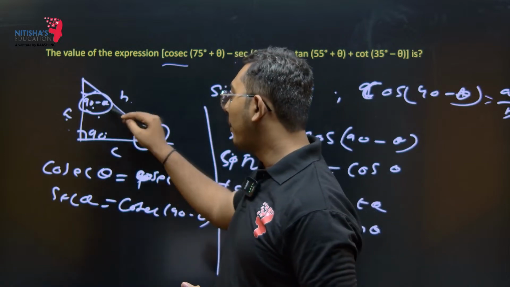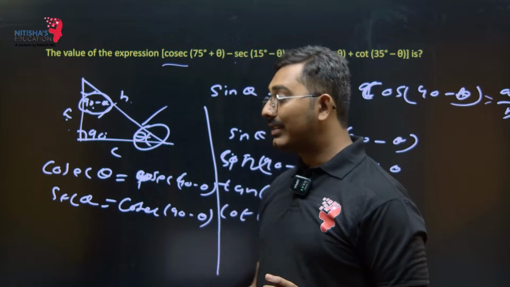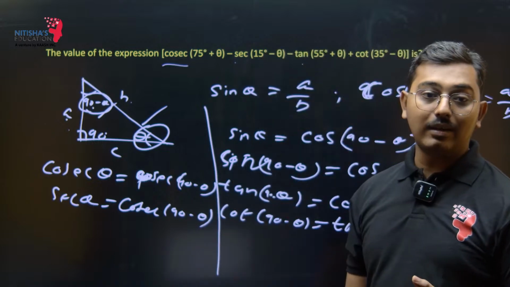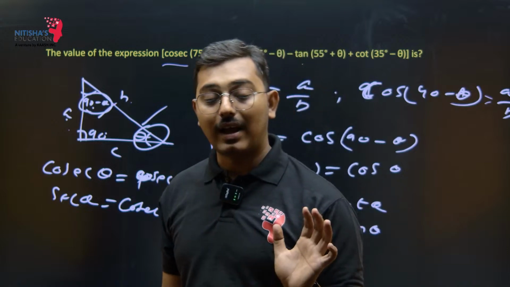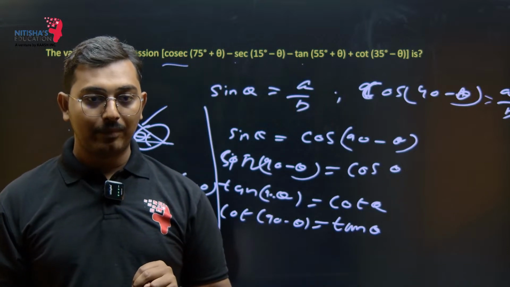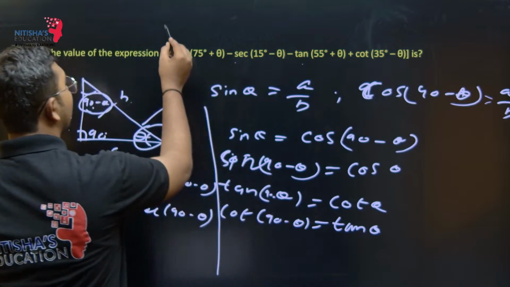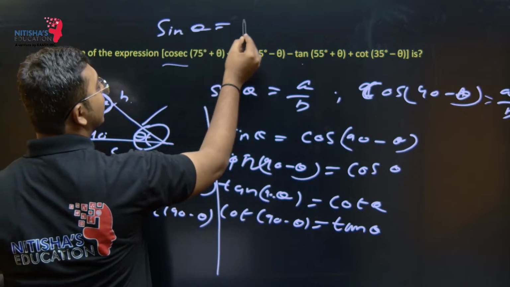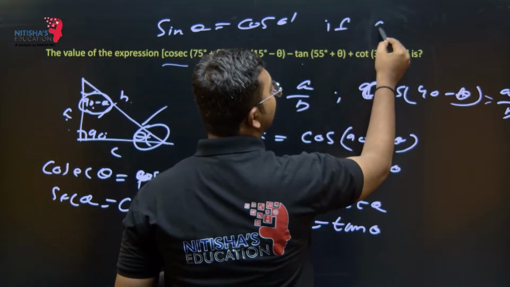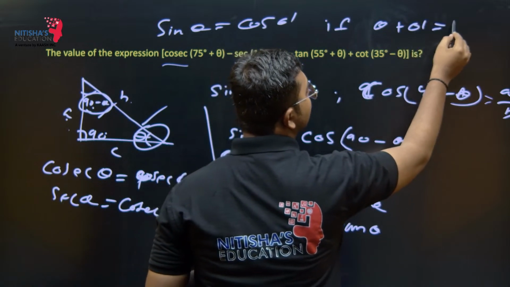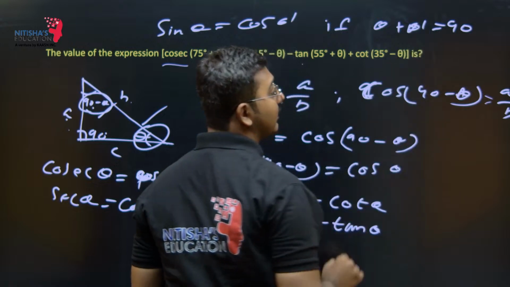So these two are complements of one another. These relations can only be used when theta and theta dash are complements of one another. Means you can say sin theta is equal to cos theta dash if theta plus theta dash is equal to 90.